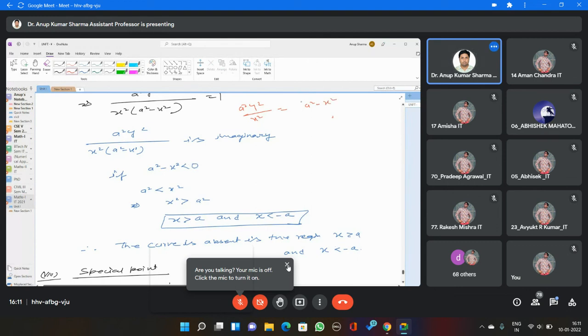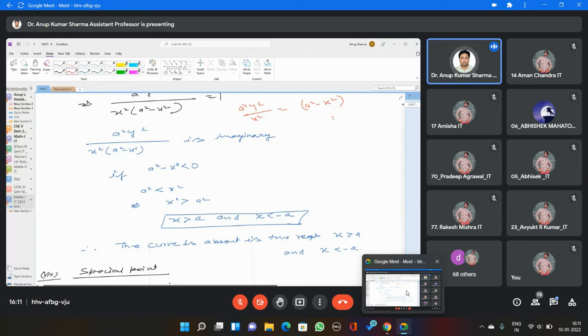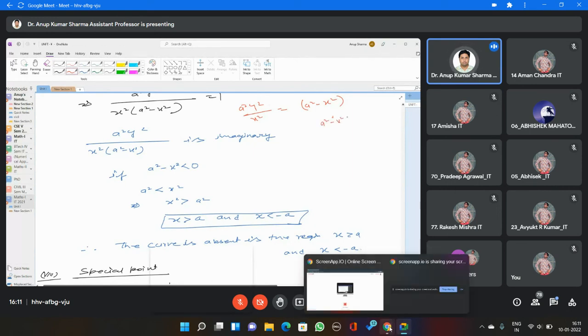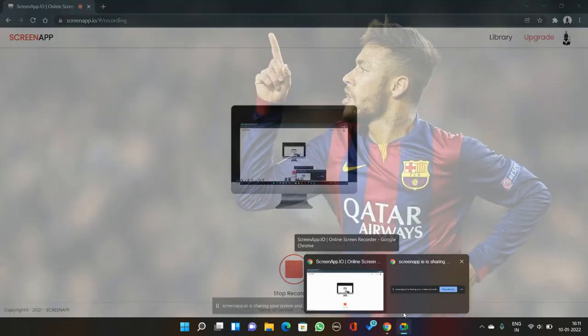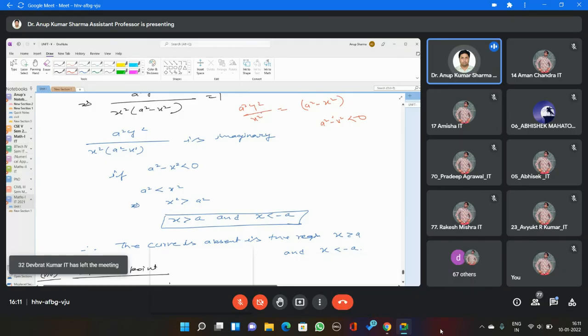So when this part is imaginary, when a square minus x square is less than 0, because for all values of x the left hand side is always positive, this side being imaginary is not satisfying.